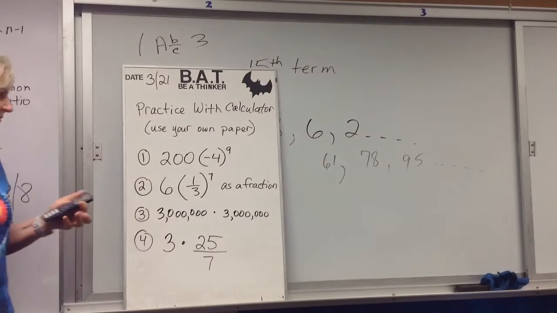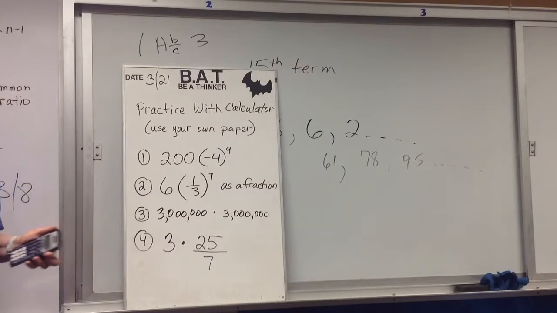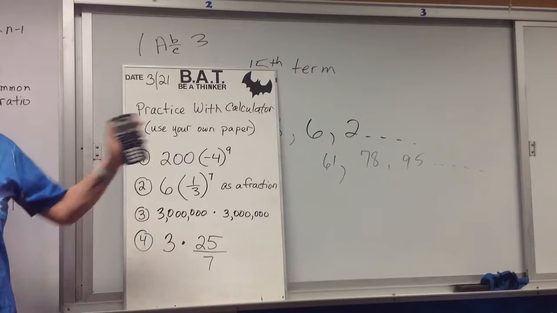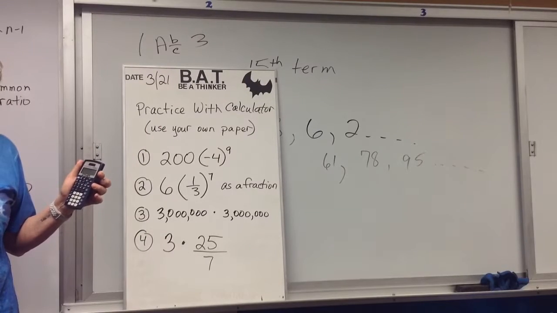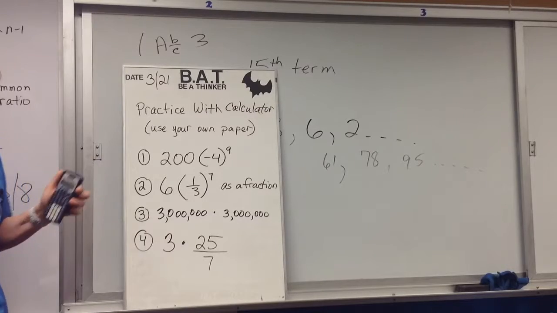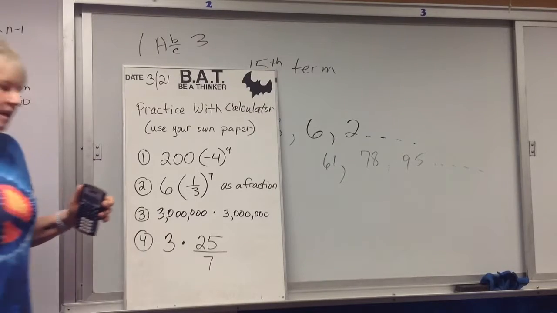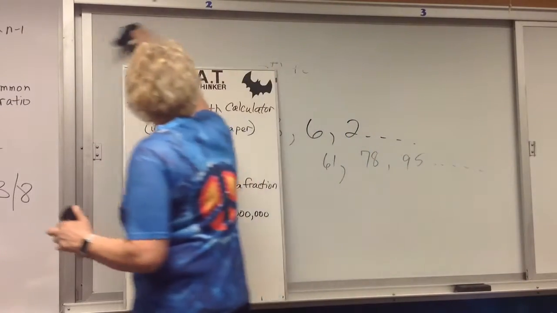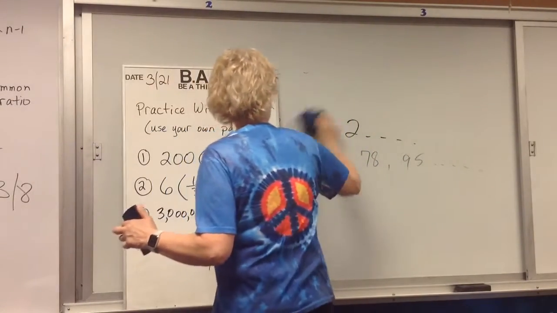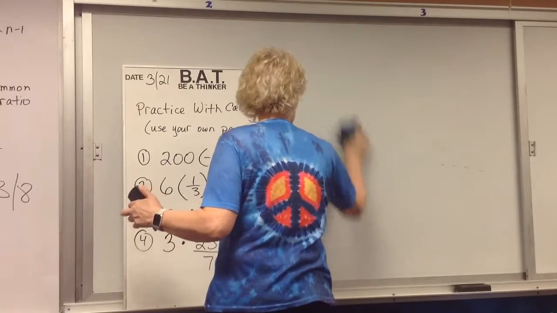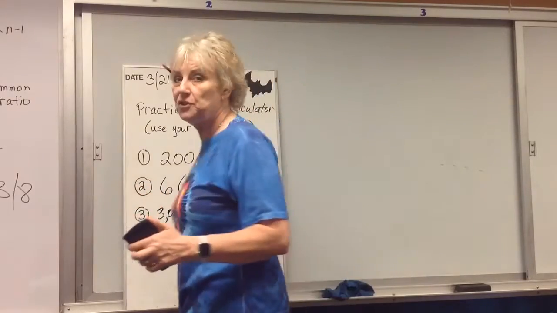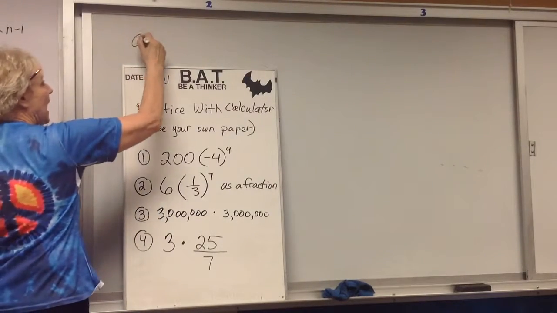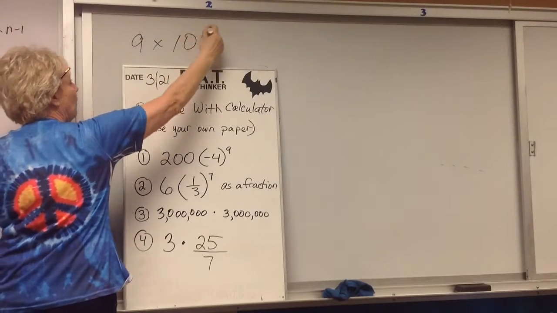Sounds right. Now, what happened weird with number 3? I put all of it on the calculator, and it made it like 9 point. Yes, it's called scientific notation. Scientific notation is used for extremely large and extremely small numbers. Astronomers use it, microbiologists use it. It says 9 times 10 to the 12th power.